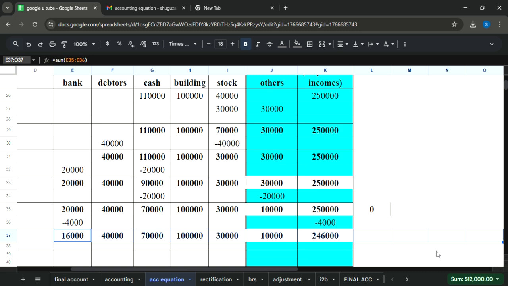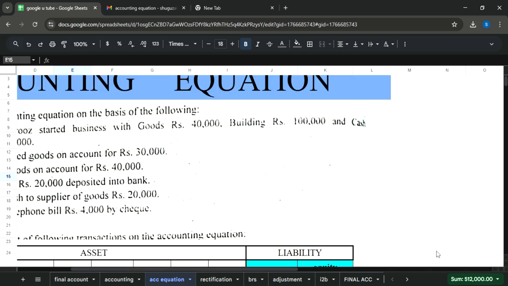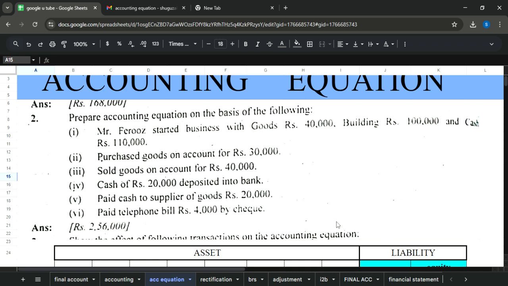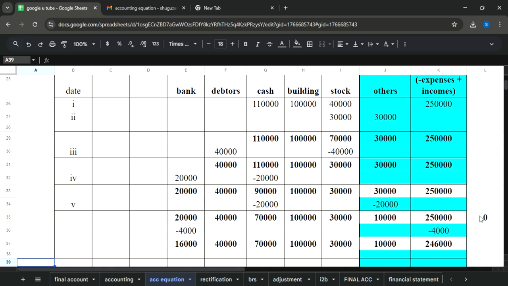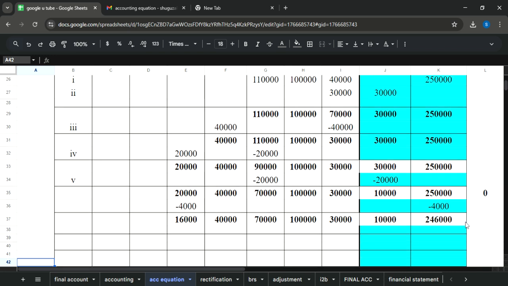Okay, this was your sixth entry that has been completed. Paid telephone charges 4,000 by check. Now guys, the last step is to take the sum of liability side and the sum of asset side.